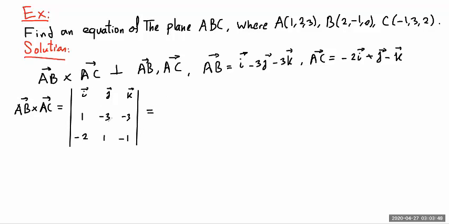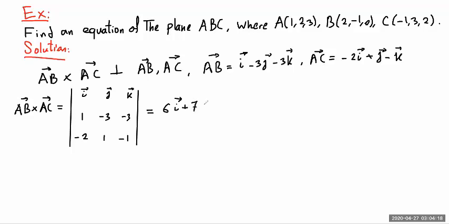So let's calculate i times 3 minus 3, 3 plus 3, 6i. Then j, I will take minus, there is a sign minus here, times minus 1 minus 6, so it's minus 7 times minus, plus 7.